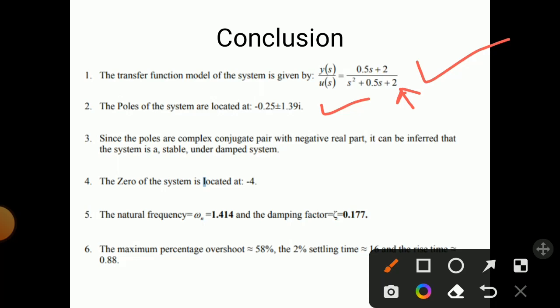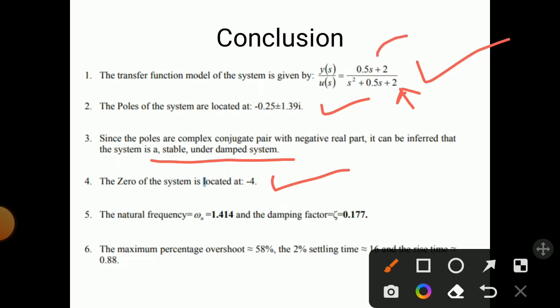Now from the poles we can conclude that since the poles are a complex conjugate pair with negative real part, it can be inferred that the system is a stable under damped system. We have also calculated the zero of the system, located at minus 4.